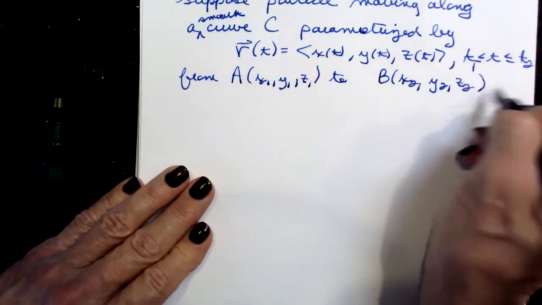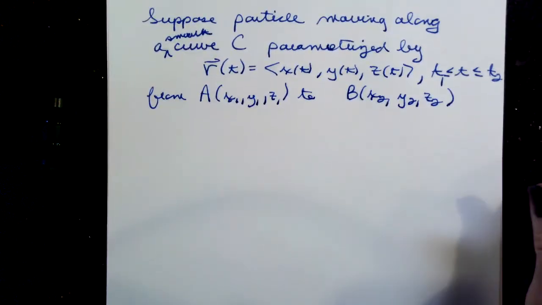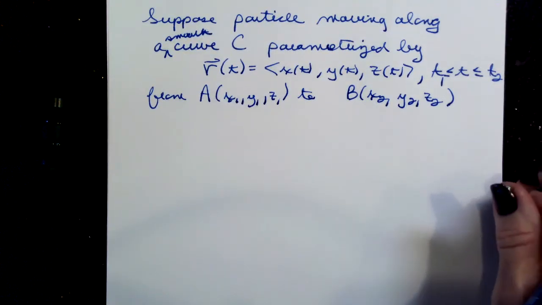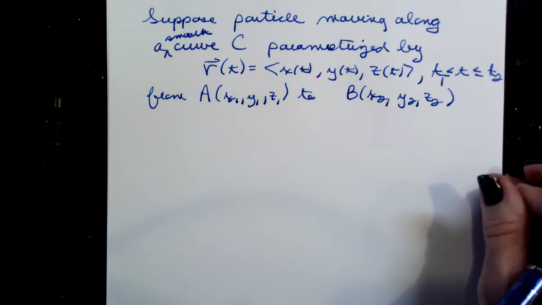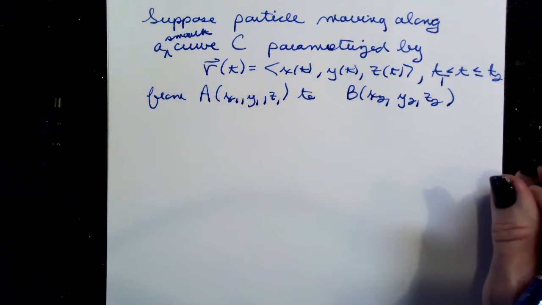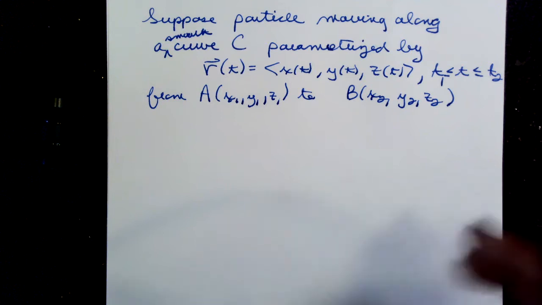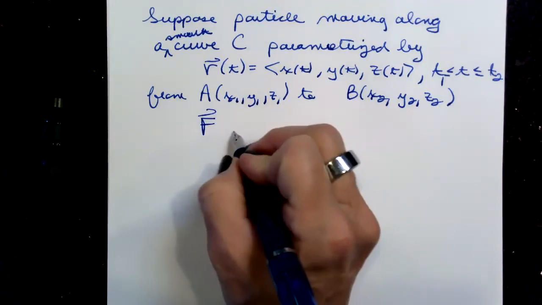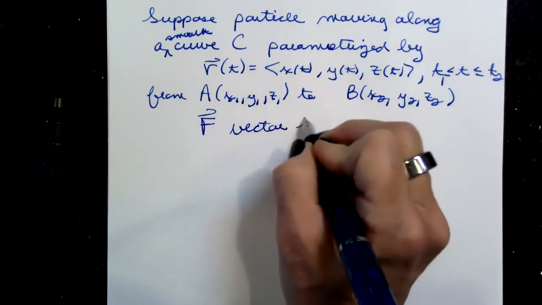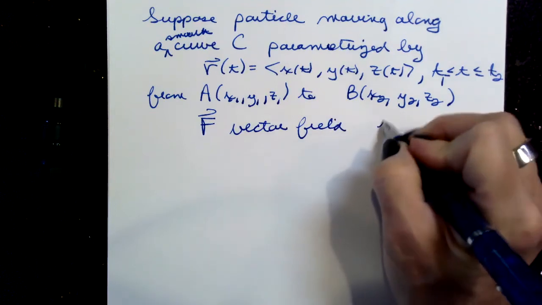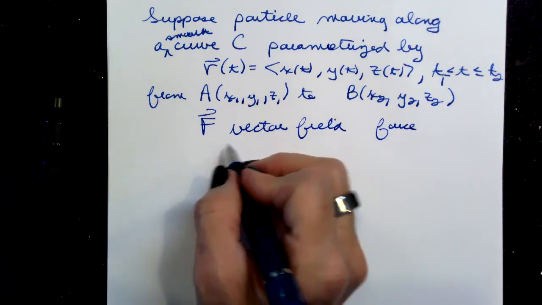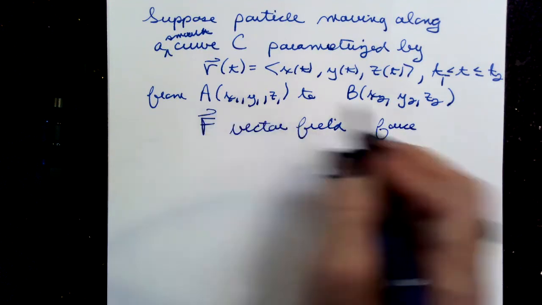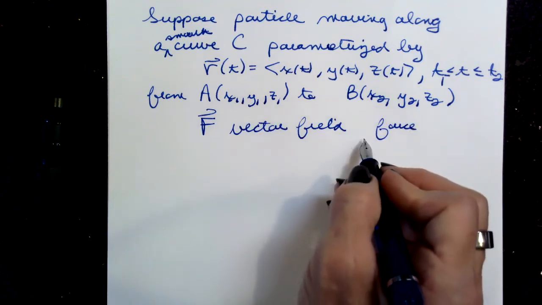So those are two fixed points in space, and you have a particle moving along this curve in a vector field, capital F. Capital F is our force, and it's given by a vector field. So what's the work done by this particle as it moves from this point to this point in this vector field?